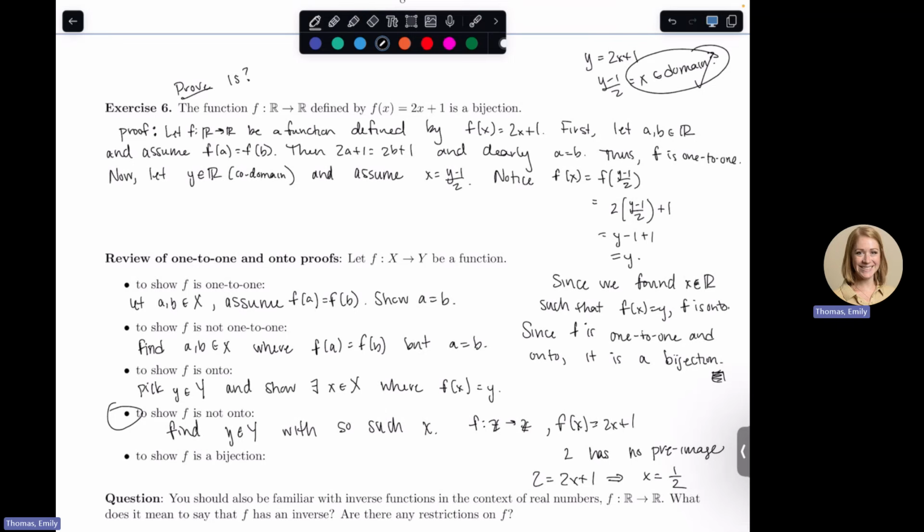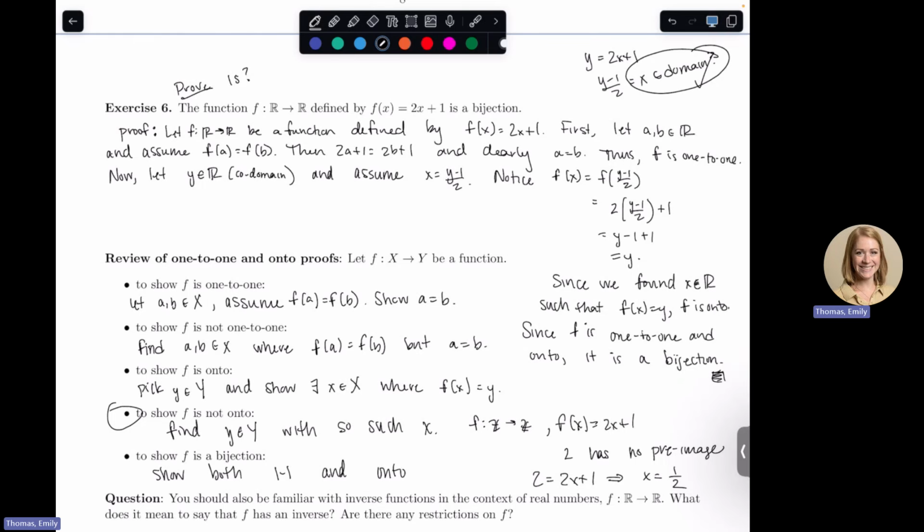And that's not an integer, so its preimage is outside of the domain. All right, to show a function is a bijection, you want to show that it is both 1-to-1 and onto. Okay. 1-to-1 and onto, that is that.